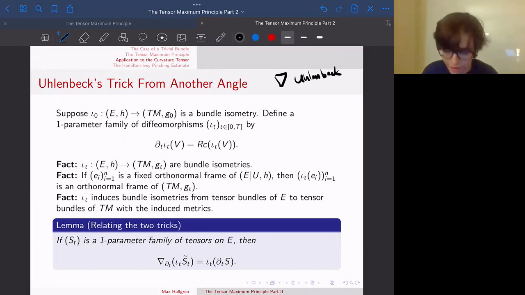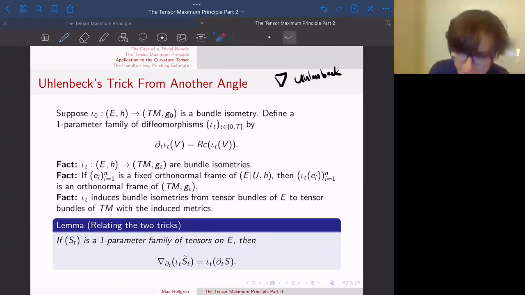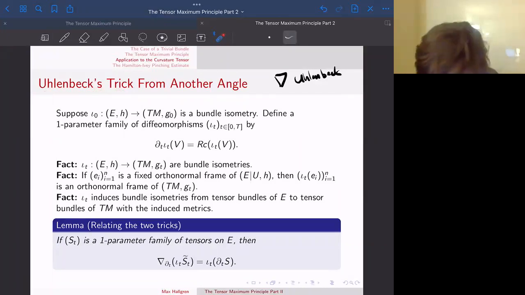Now I want to introduce a different way of thinking about Uhlenbeck's trick, which I think was what was originally called Uhlenbeck's trick, because Hamilton just mentioned in his paper that he learned it from Karen Uhlenbeck.